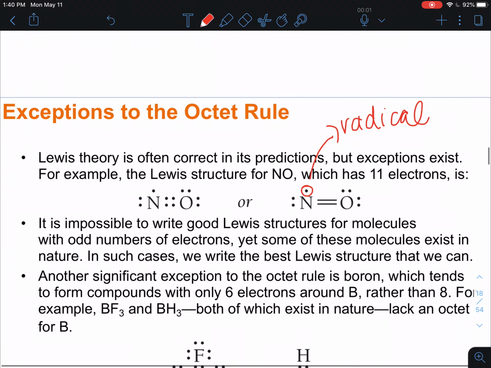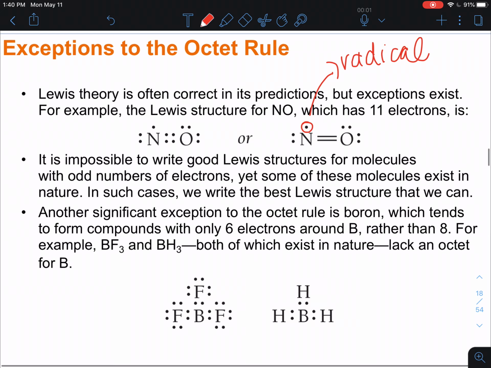So it's impossible to write good Lewis structures for molecules with an odd number of electrons, yet some of these molecules still exist in nature. This is a stable radical. In such cases, we write the best Lewis structure that we possibly can. There's nothing else that we can do. This nitrogen is going to have 1 electron unpaired. Why didn't we give that unpaired electron to the oxygen?